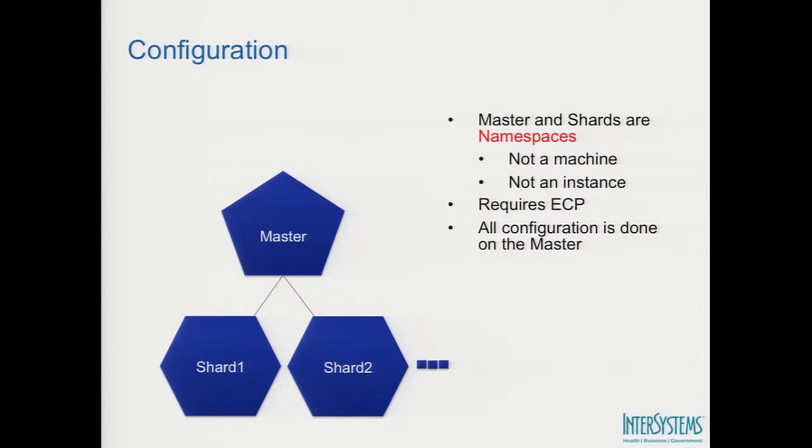Master and shard are roles that are assigned not to machines or even to instances, they are assigned to namespaces. So in theory, you can have a perfectly valid shard configuration within a single instance of shared nothing, right? Makes no sense technically, but you can if you want to, right?